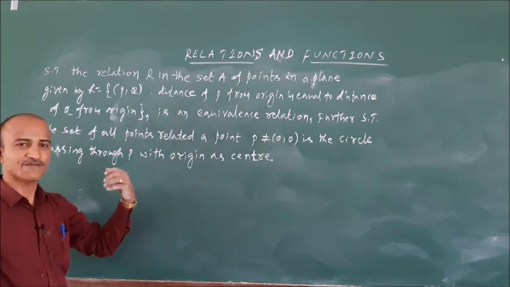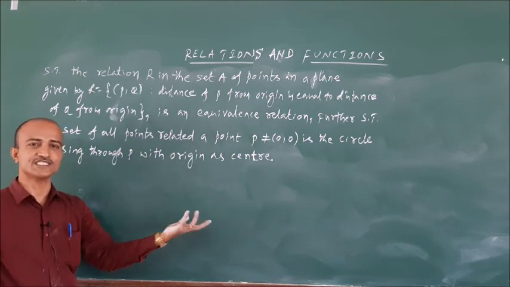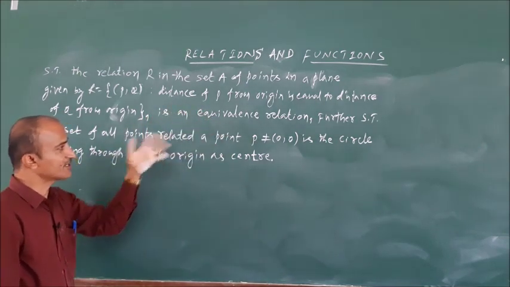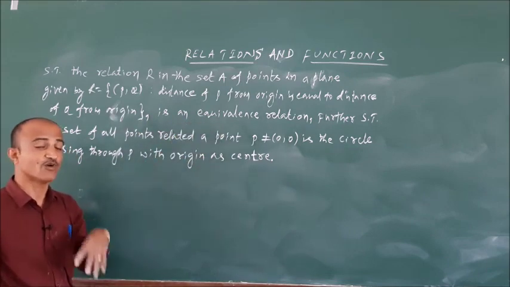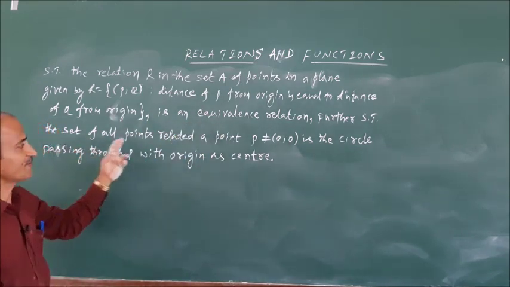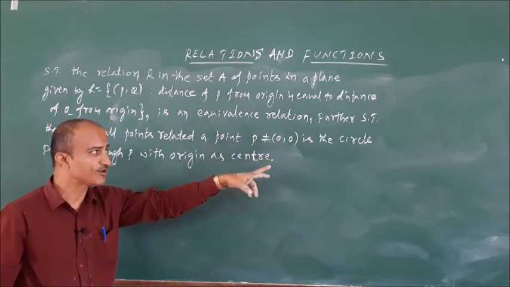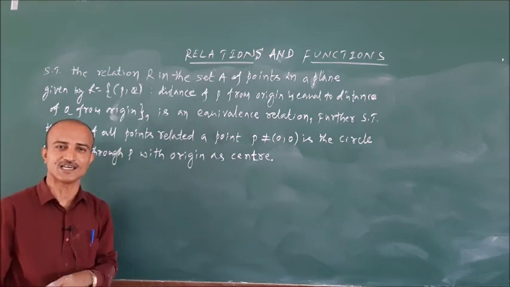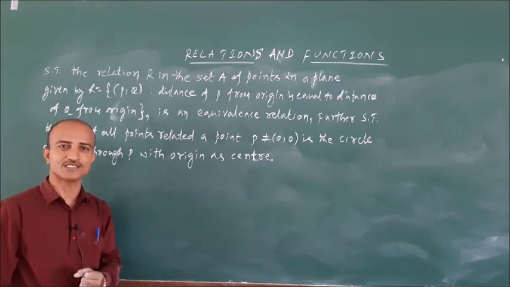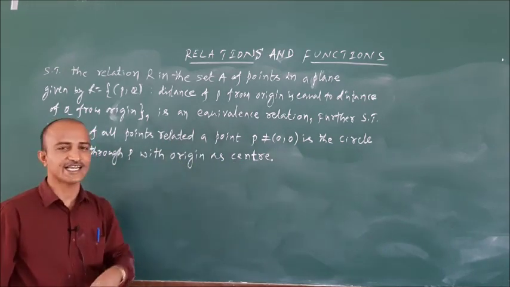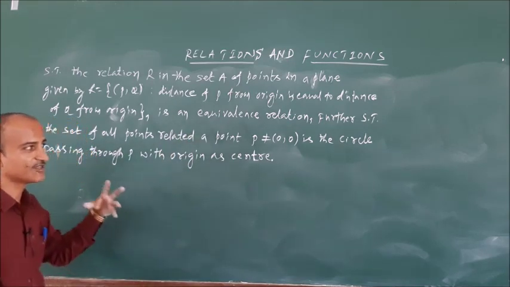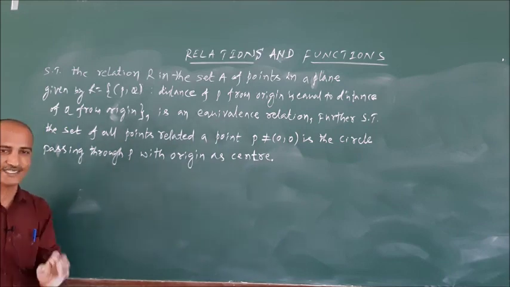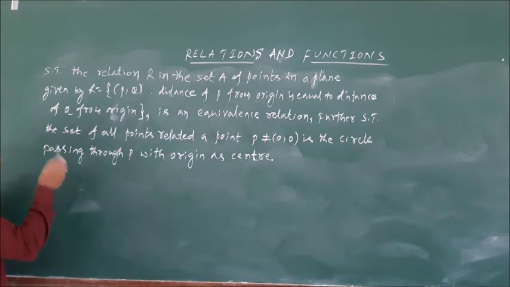Whenever it becomes reflexive, symmetric and transitive, it is sufficient to say that the given relation is an equivalence relation. And further there is a tag question for that. We need to show that the set of all points related to a point P not equal to (0, 0) is a circle passing through P with origin as center. By the definition of locus of a circle, we can easily say that clearly. Now, how to solve that one?